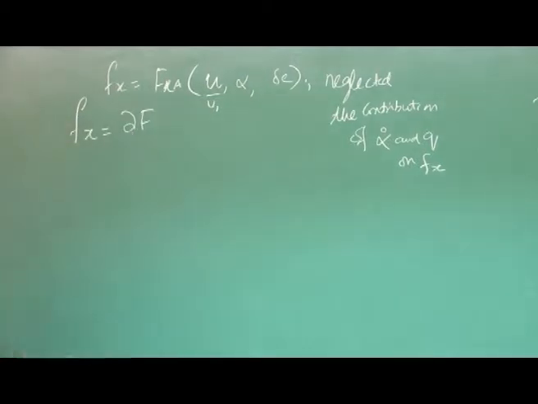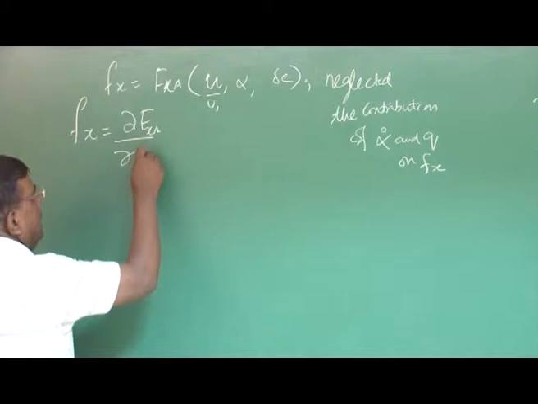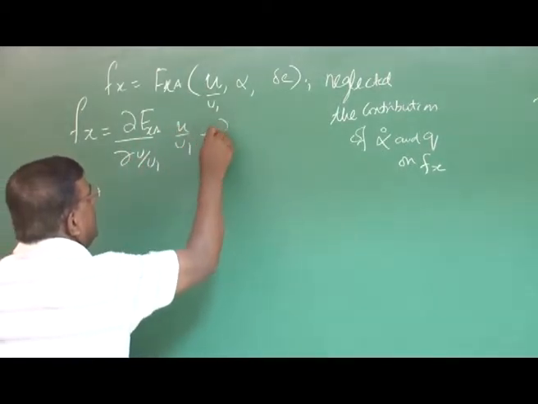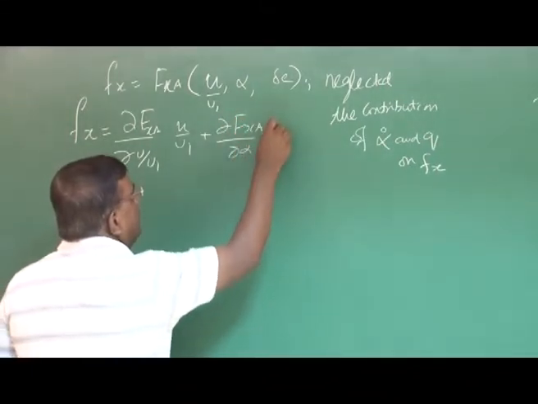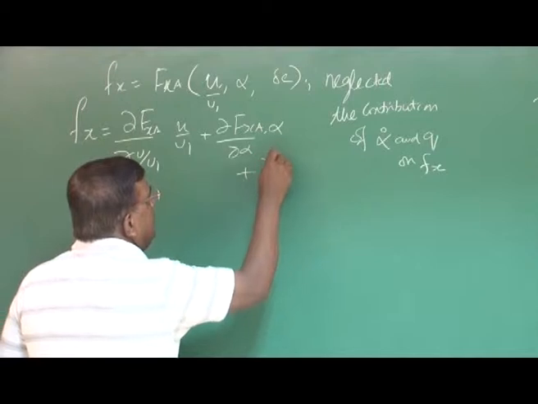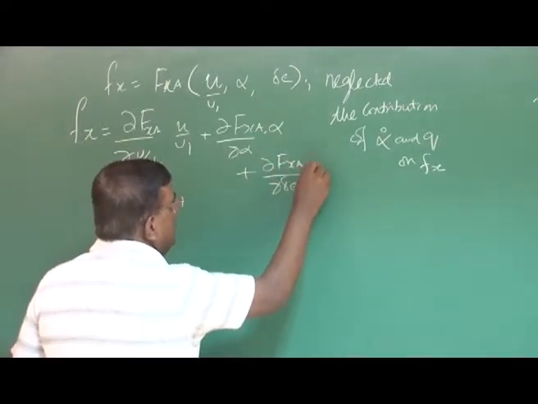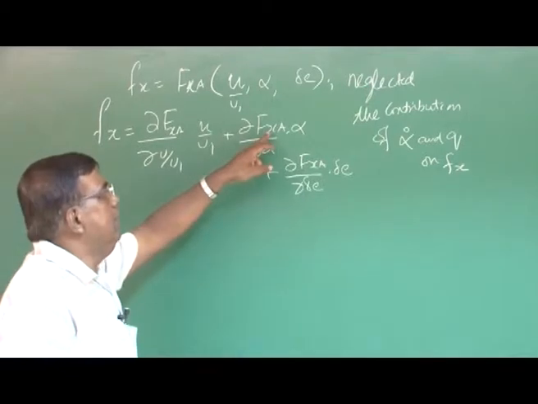Now, from there, we can write it like this: df xa by d alpha into alpha plus df xa by d delta E into delta E. Also, my apology, sometime I may be using f(a)x instead of f(xa).